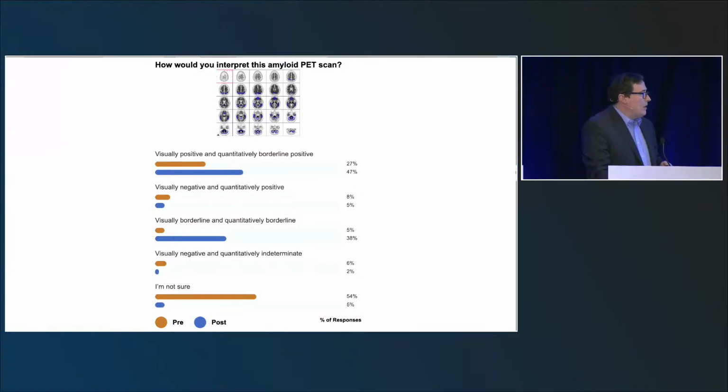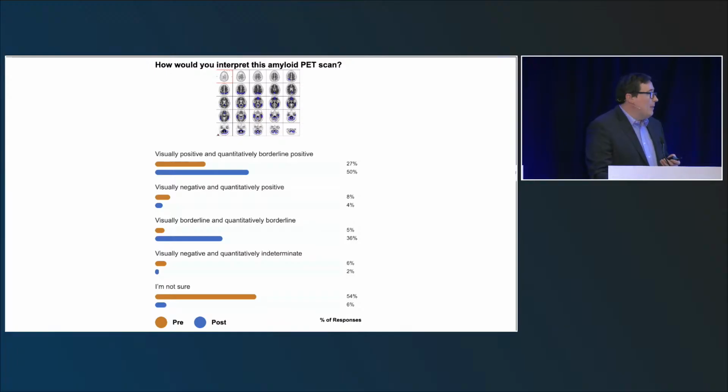Yeah, and I think this is a challenging one, and it depends a little bit on what you think. I think the best answer of these is visually positive and quantitatively borderline positive. I also think it would be reasonable to say just quantitatively positive. It is not, I think, visually negative, and so that eliminates choices 2 and 3.